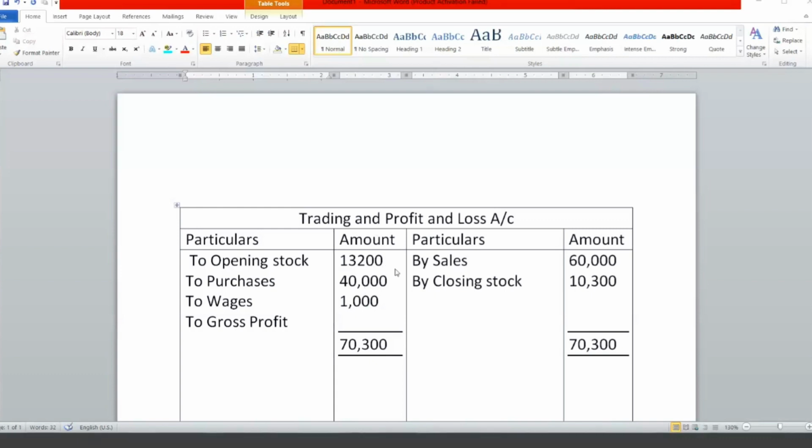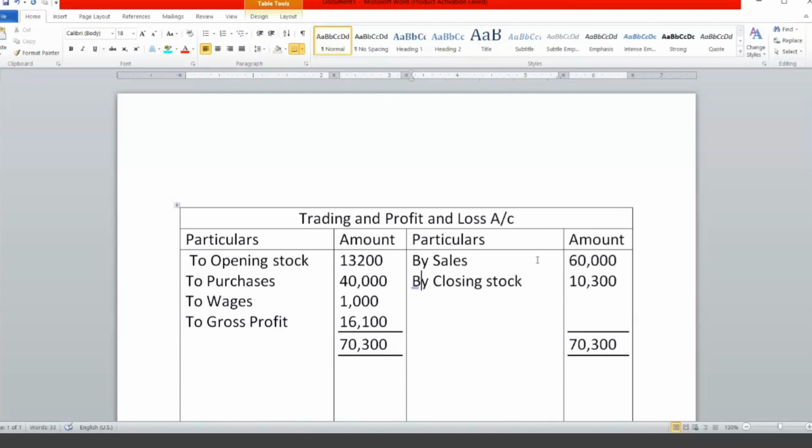What is the total of debit? 40,000 plus 13,200 plus 1,000, it is 54,200. 70,300 minus 54,200, how much will you get? It is 16,100. Now the gross profit is 16,100.